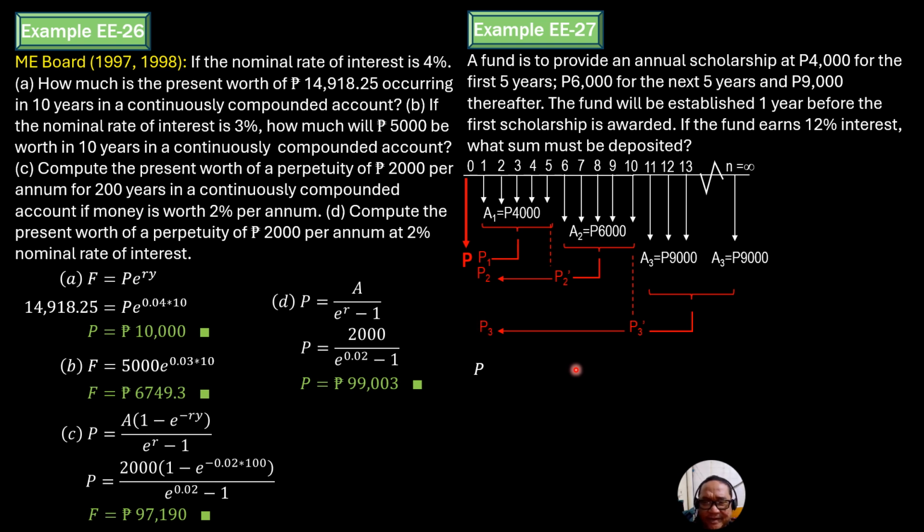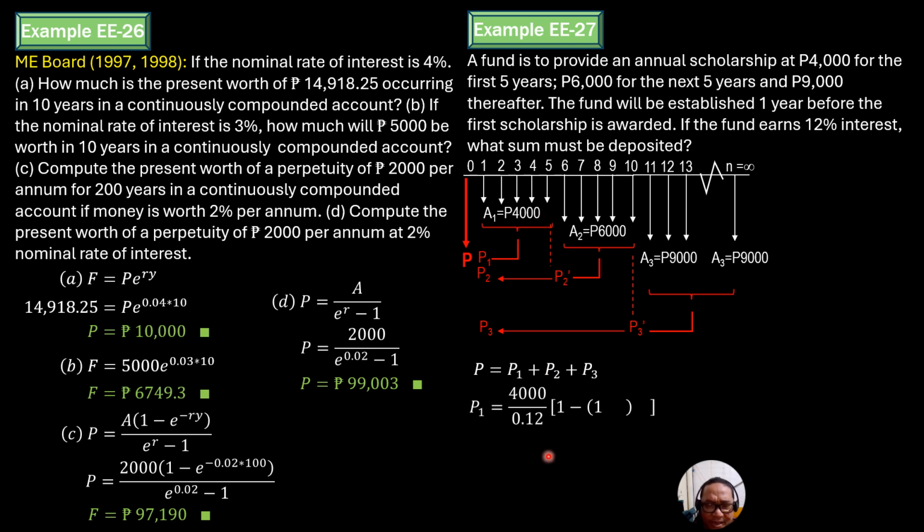So therefore P is P1 plus P2 plus P3, where P1 is simply 4,000 over 0.12, quantity 1 minus 1.12 to the negative 5.